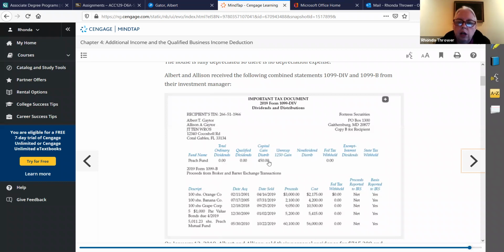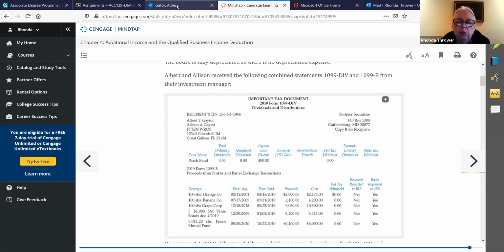This is where the person handling the mutual fund for them would send this document stating that they had paid Allison and Albert $450 during the year as a distribution. Notice this is a capital gain distribution, so we need to have a place to put that.